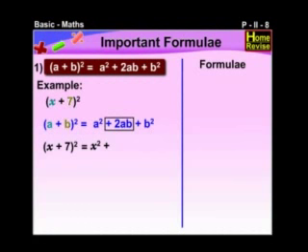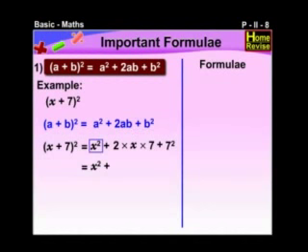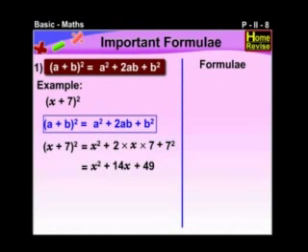Now substitute the values: x square plus 2 into a, that is x, into b, that is 7, plus square of b. Now b means 7, that is square of 7. Simplify this: x square plus 2 into 7, that is 14x, plus square of 7, that is 49. That means the square of (a plus b) is equal to a square plus 2ab plus b square. This is the first formula.